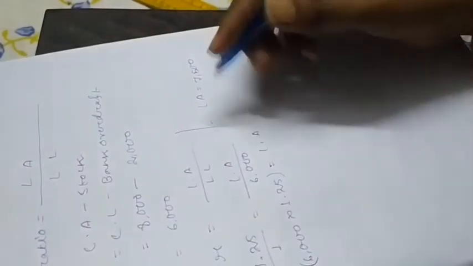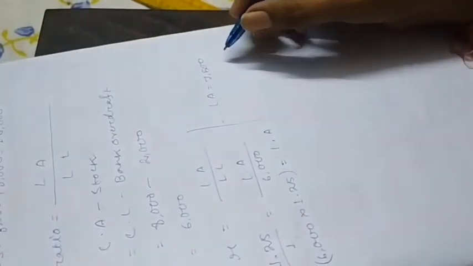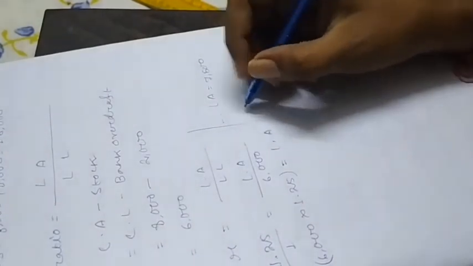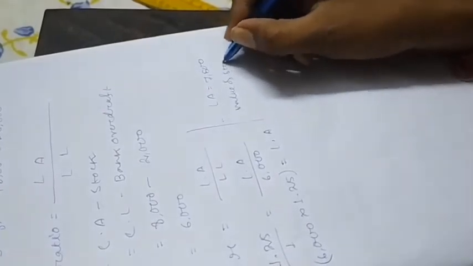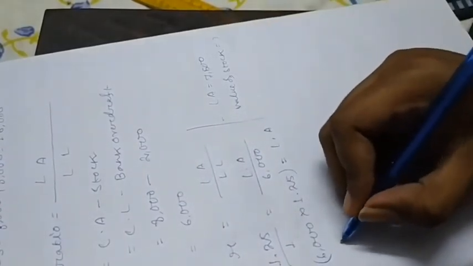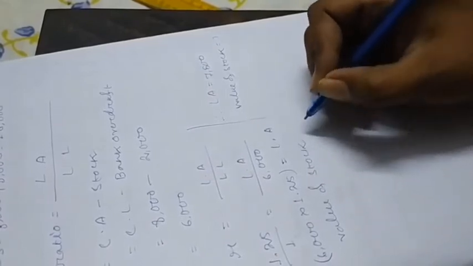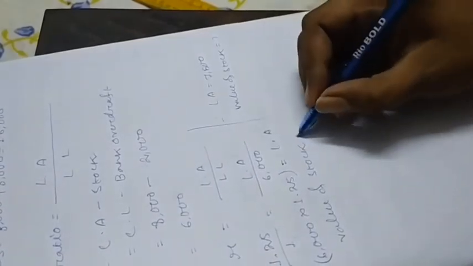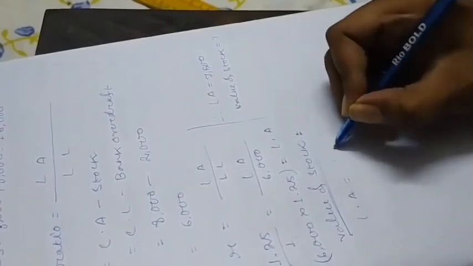So liquid asset is 7,500, and from that we can also calculate the value of stock. Liquid asset equals current asset minus stock.